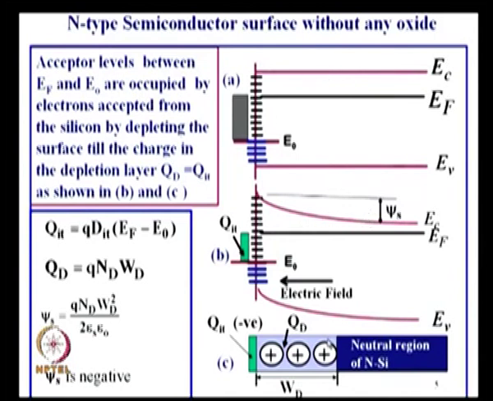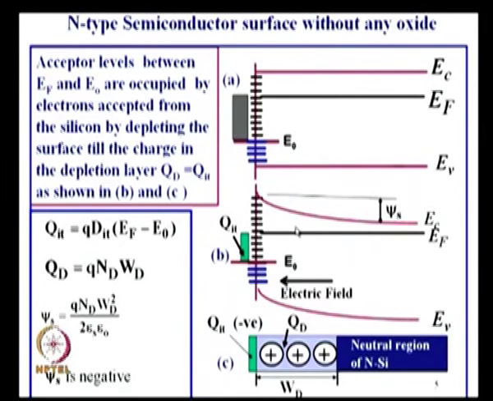Up to this point there will be band bending, and since the electric field is in this direction, the energy band diagram will bend upwards like that. How do you figure that out? When the electric field is like this, you have to spend energy to take electrons from here to here. So, if the electron is here, it is at a higher energy level. That is why the energy band diagram bends like this.